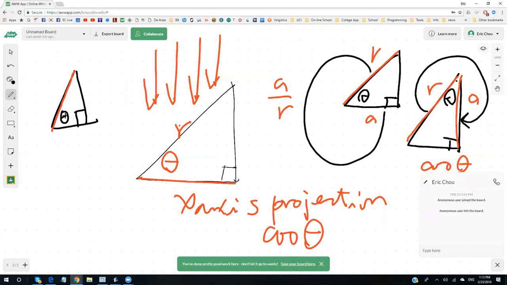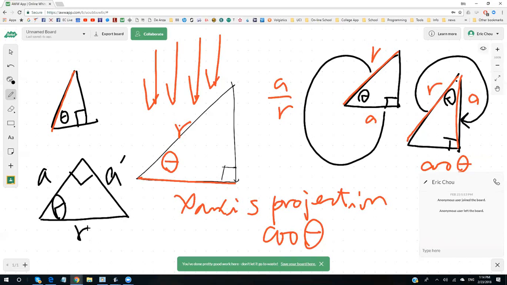The bottom one, right? Now if we have this, the angle is over here, and this one is theta. Which one is the cosine side?